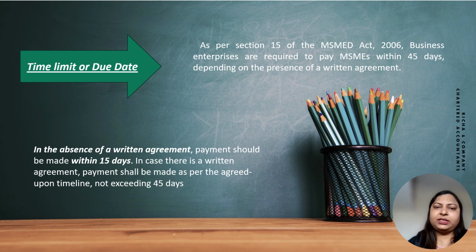But if there is a written agreement, then you can pay within the days as per the agreement, but it shall not exceed 45 days. The day of acceptance or deemed date of acceptance shall be the day on which the goods have actually been delivered or the services have actually been given.